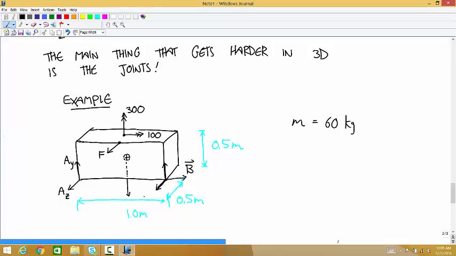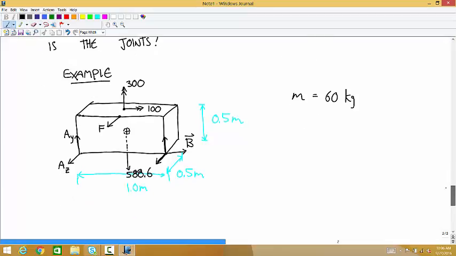And that is 60 times 9.81 is 588.6. And we want to calculate F, AY, and AZ. And the B vector.